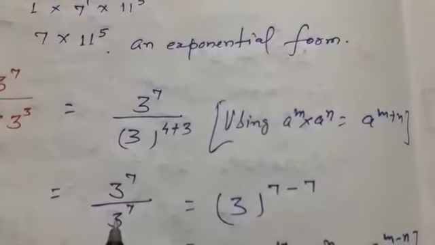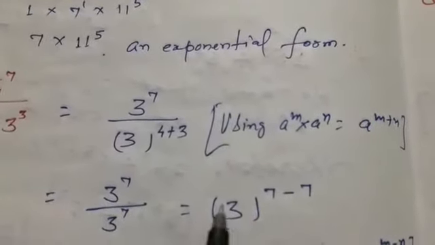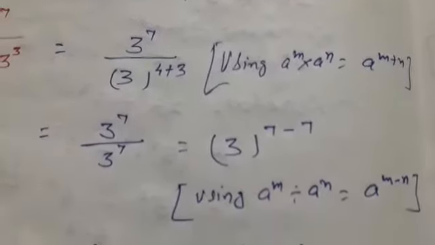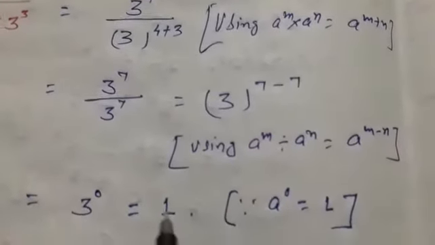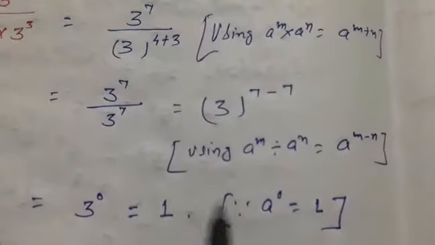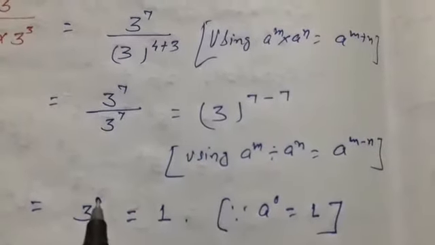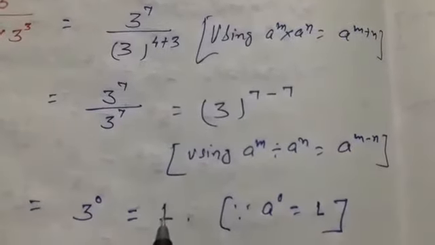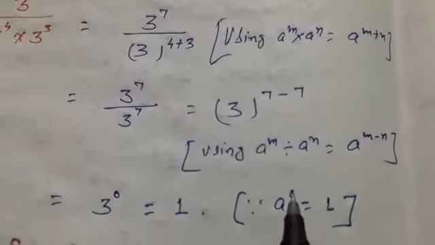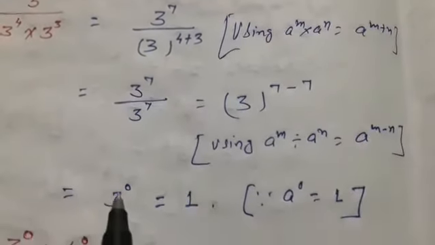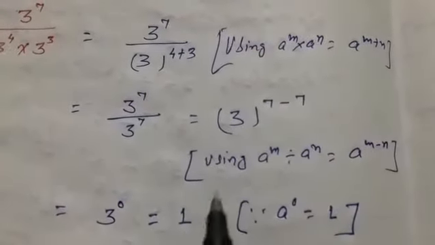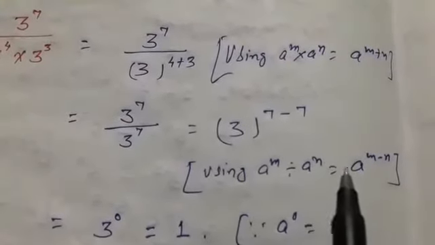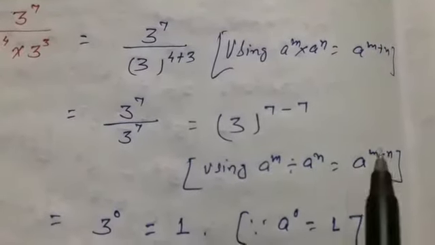Here 3 to the power 7 divided by 3 to the power 7 is equal to 3 to the power 7 minus 7, which is 0. So 3 to the power 0 equals 1, because we know that the power of 0 of any number gives the numerical value 1, like a to the power 0 equal to 1. Hence 3 to the power 0 equals 1, using a to the power m divided by a to the power n is equal to a to the power m minus n.